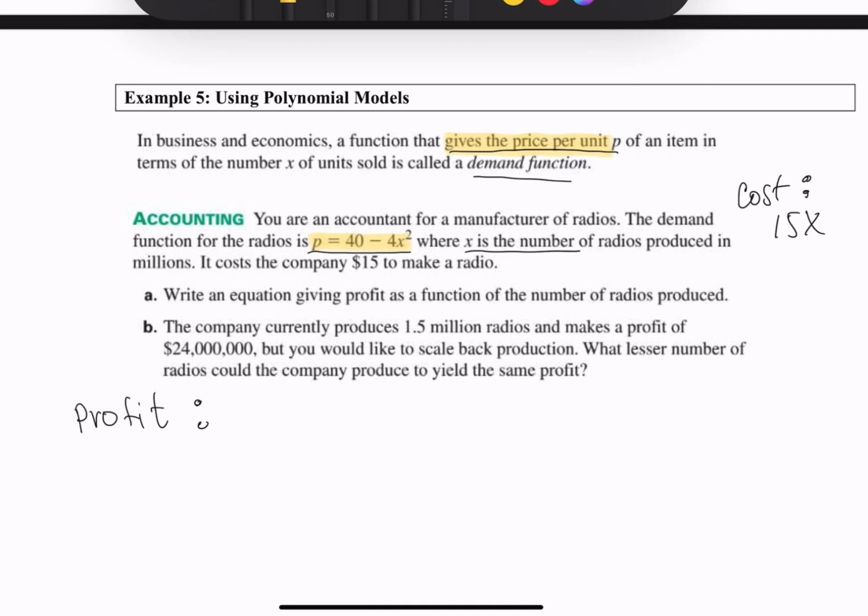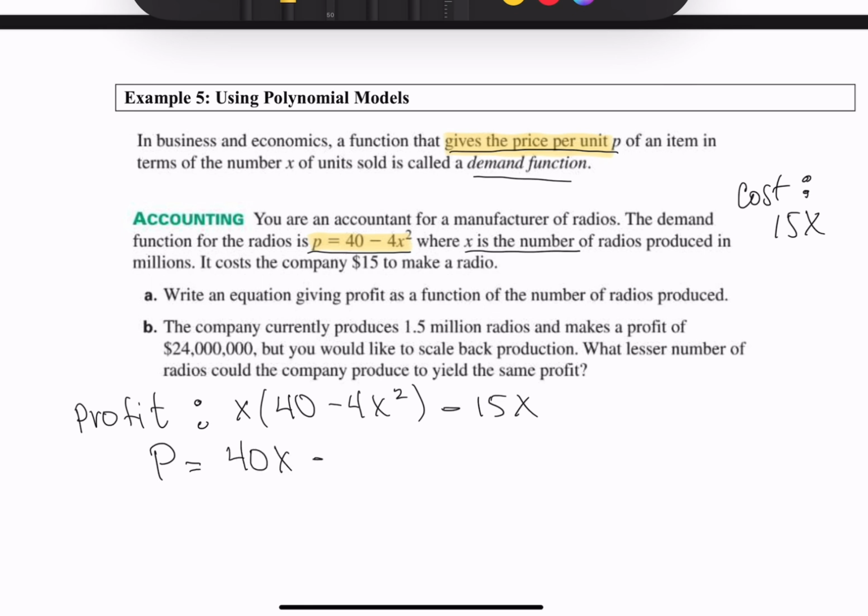So I think I'll write this as x, which is the number of radios, times the money that gets brought in, minus the cost of making the radios, $15 a radio. All right, so I'm going to actually call this a profit with a capital P. I'm going to go ahead and distribute.